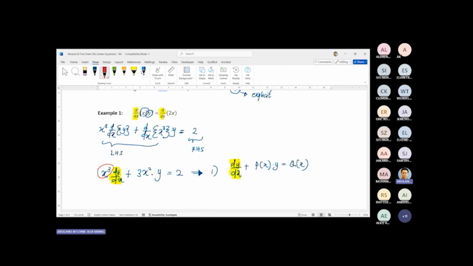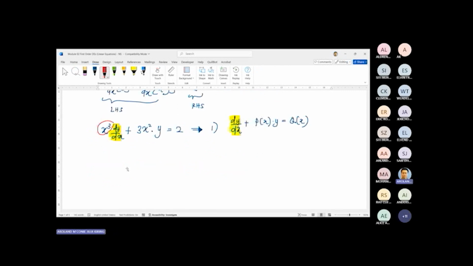How do you make it become 1? Divide by x to the power of 3, right? So we divide everything by x to the power of 3. Therefore, you have dy over dx, since it is canceling, plus 3 over x multiplied by y equal to 2 over x to the power of 3.